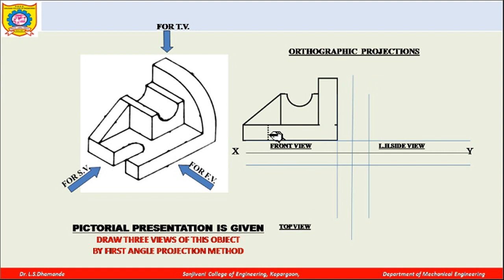So here an additional portion is there, meaning a hidden line is there. Actually it is the projection of this particular slot which is there. Since it is not visible from the front side, we are going to draw a dashed line for it.